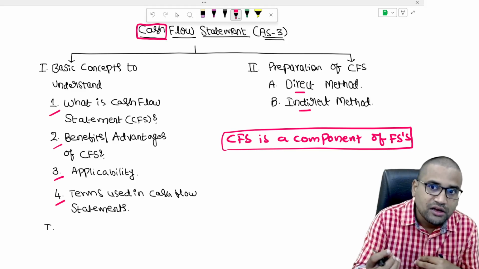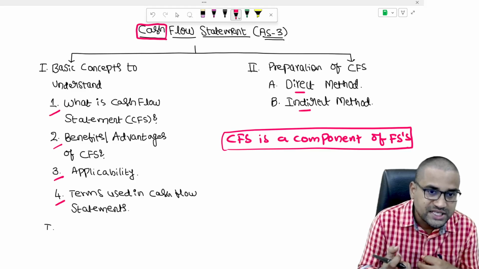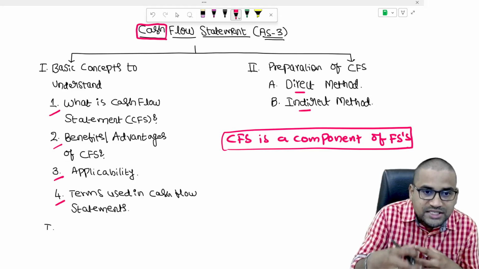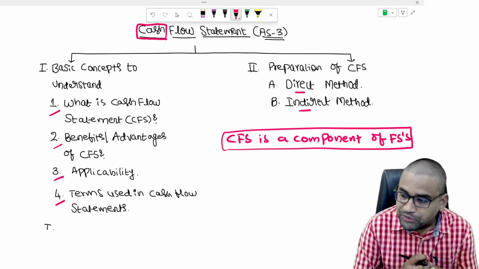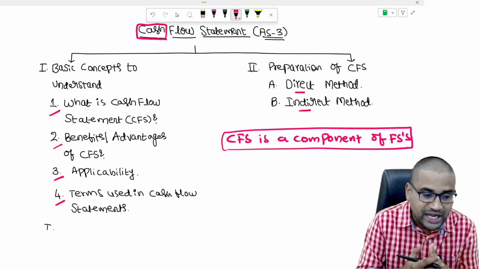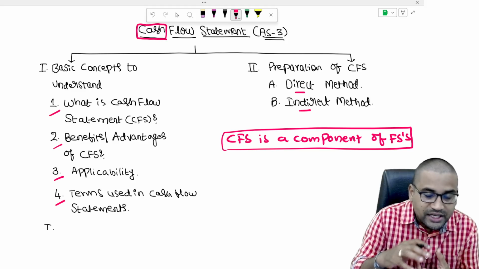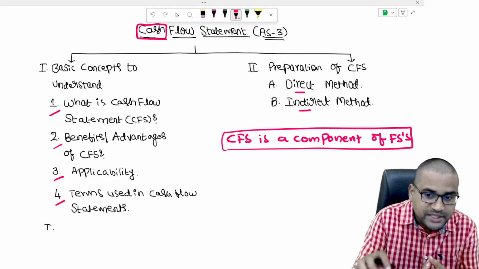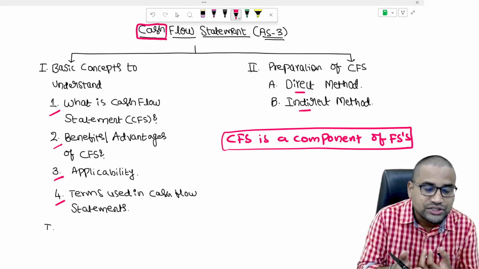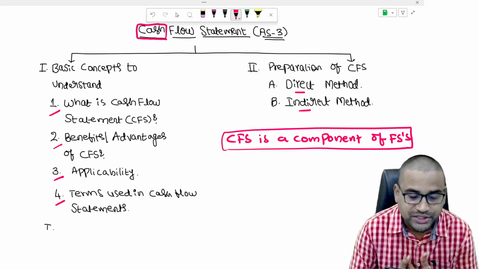Suppose in future, if the company is planning to purchase any fixed asset, how much cash it is able to generate and how much cash it requires further. And what is the quality of our generation of cash, whether we are generating cash through our main business or through any other activities which are not directly related to our operations.